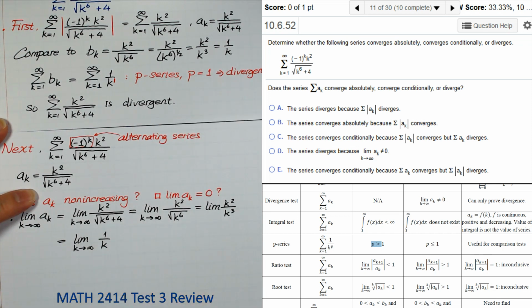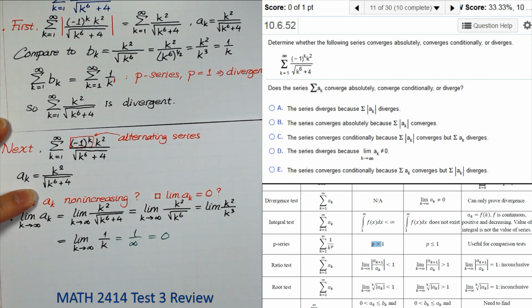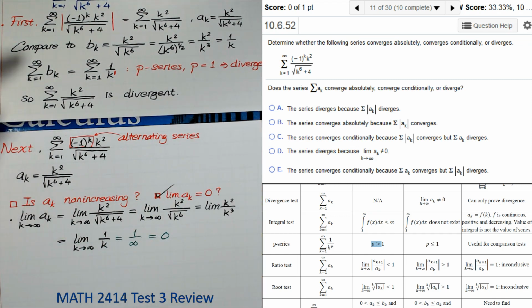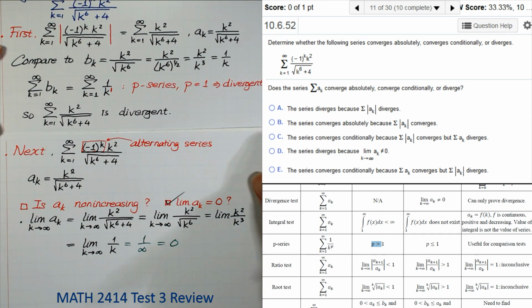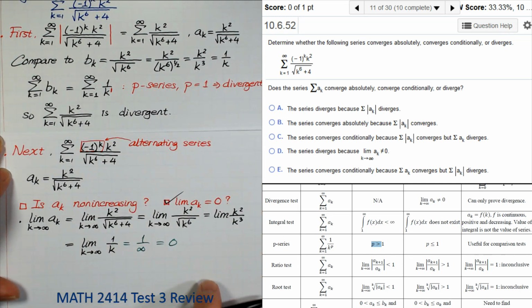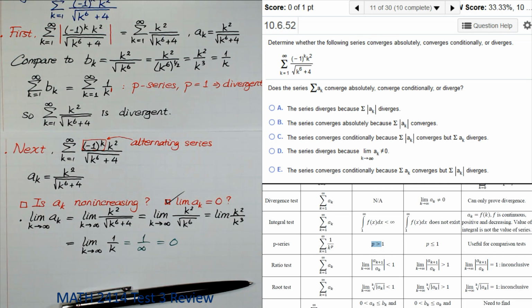The bottom goes to infinity, the top is constant, so that equals 0. That certainly checks that box. So is it non-increasing? Like I said, we have to take the derivative, and that looks complicated. Maybe I'll just look at the graph and see if it helps.